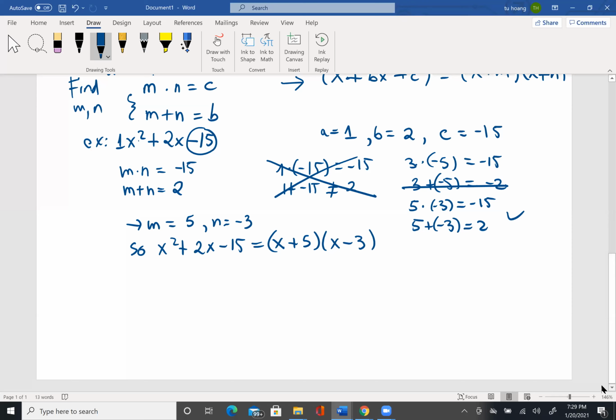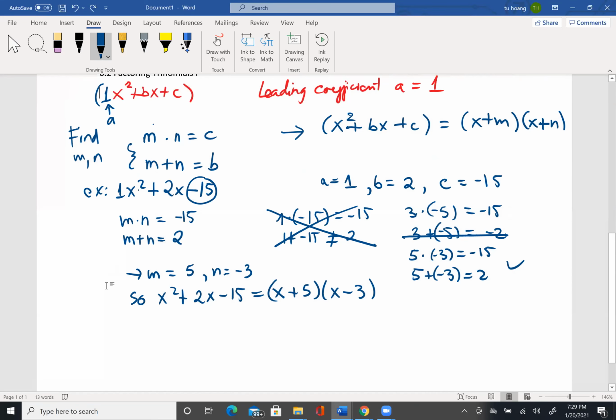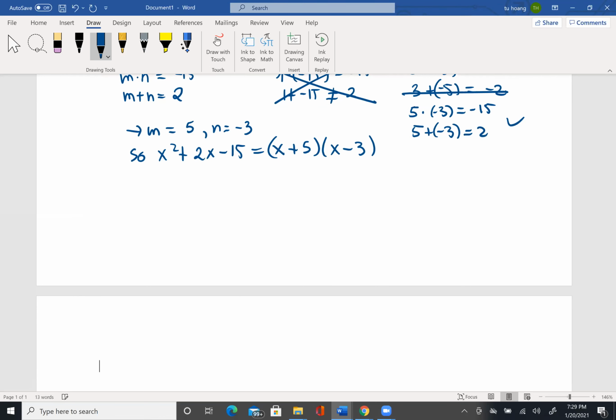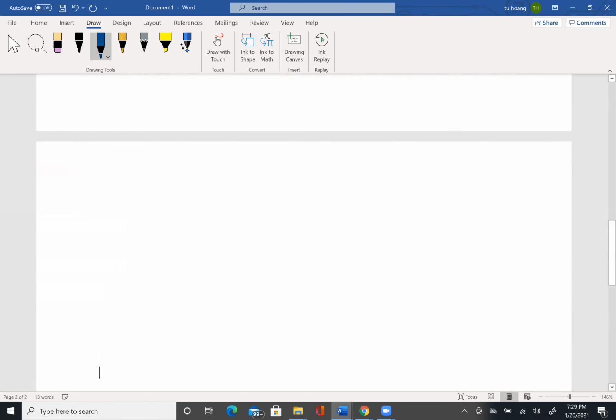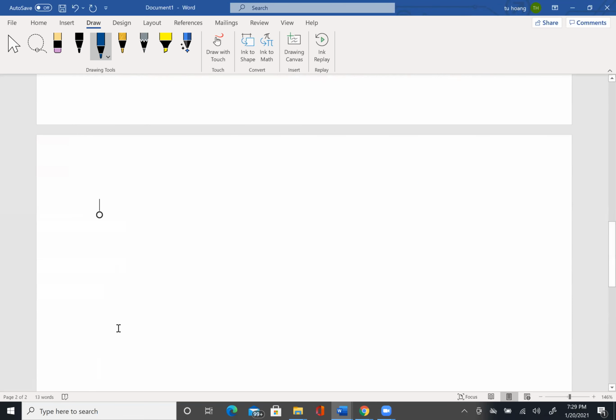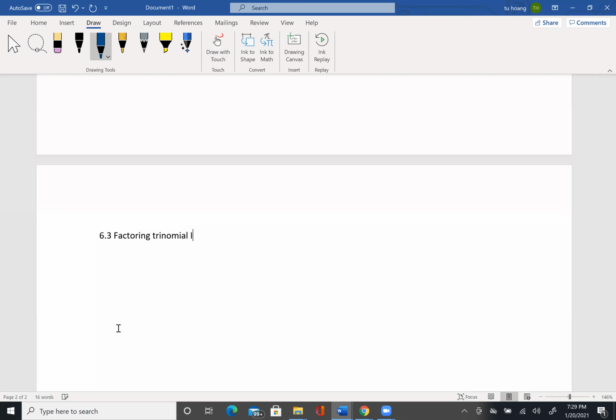Let's move to 6.3. All right, so we have factoring trinomial number 2.